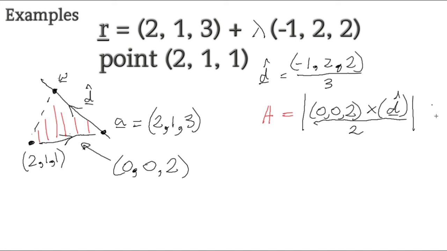So take the modulus of the cross product, divide by half, gives you the area of the triangle in vector form.